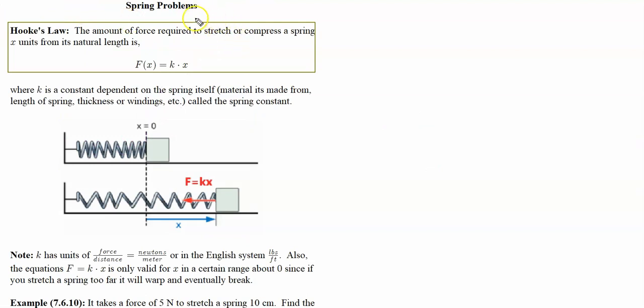Now let's take a look at another type of work problem, and these are called spring problems. First of all, let's take a look at a law that we have here, and this is called Hooke's law.